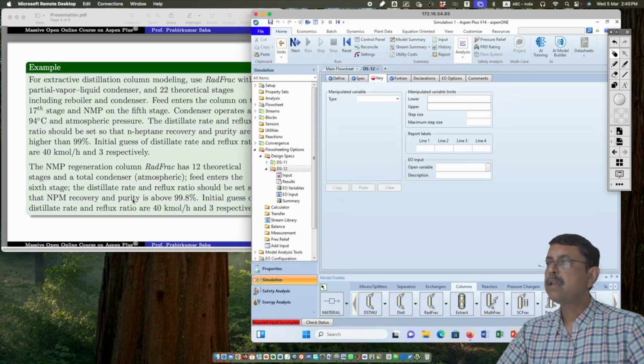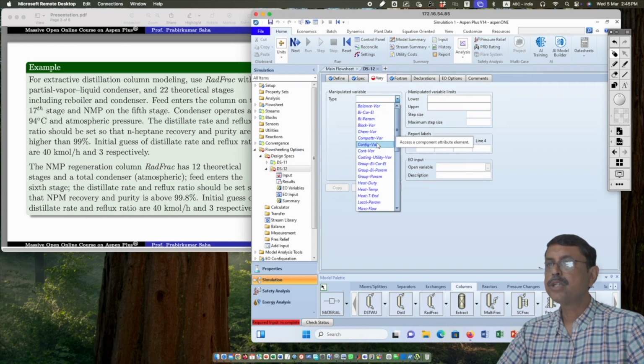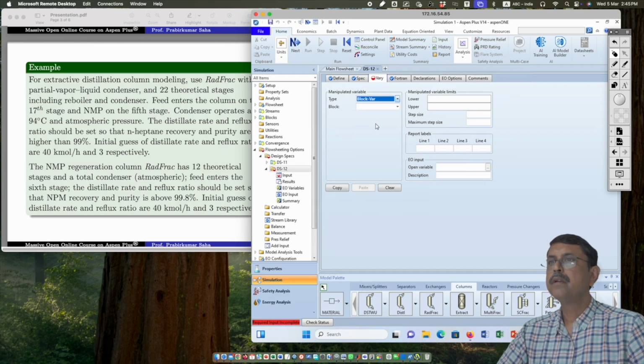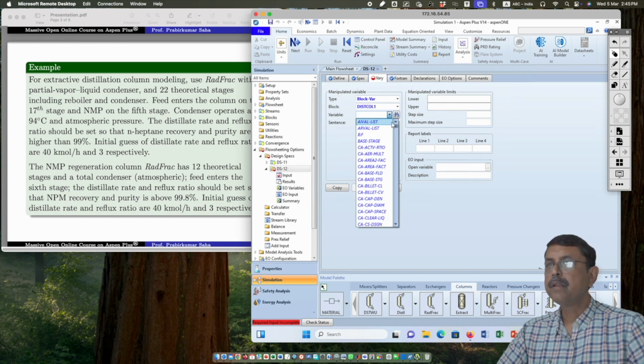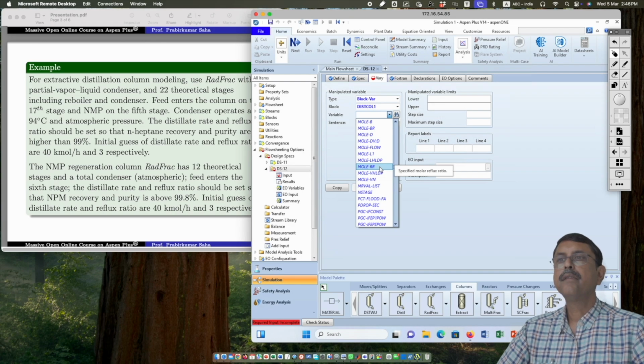What we need to vary? We need to vary the reflux ratio. Okay. So reflux ratio is also a block variable. Which block? It is distillation column 1. Variable is reflux ratio, so reflux ratio will be this one, specified molar reflux ratio.